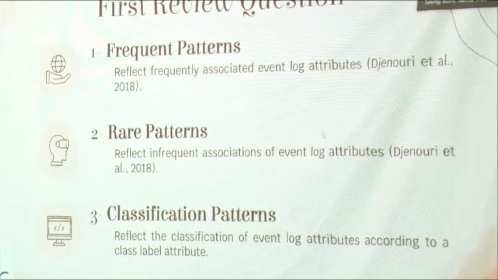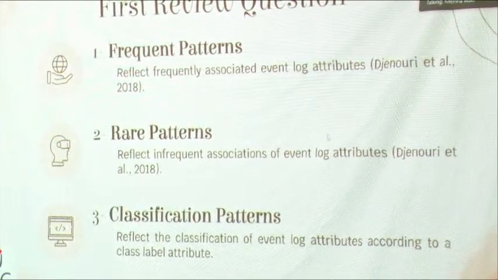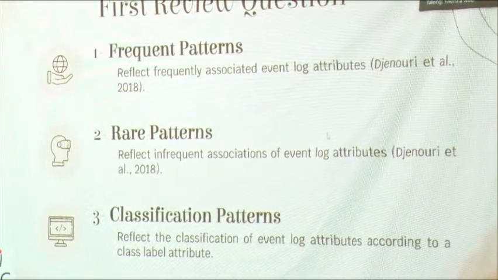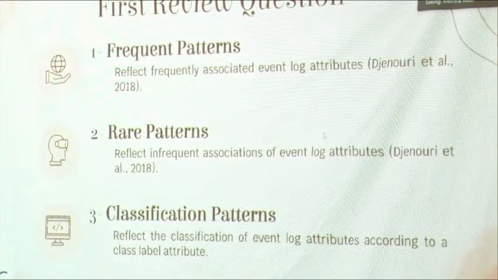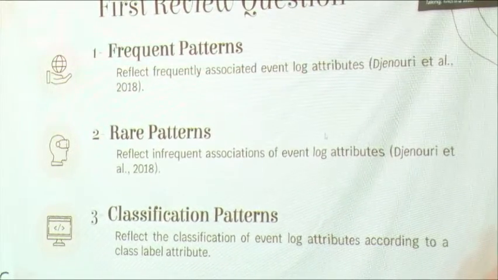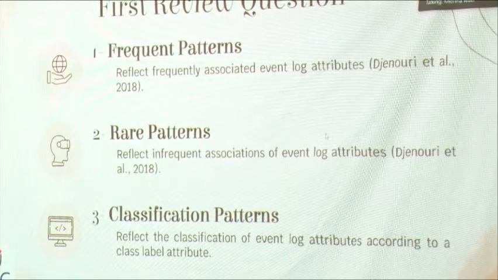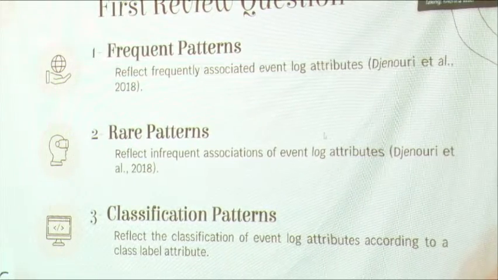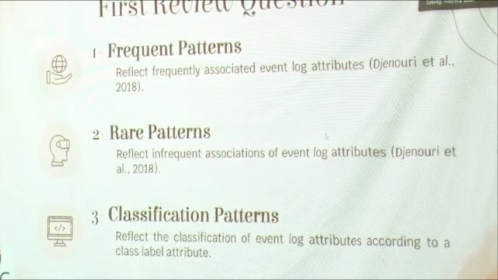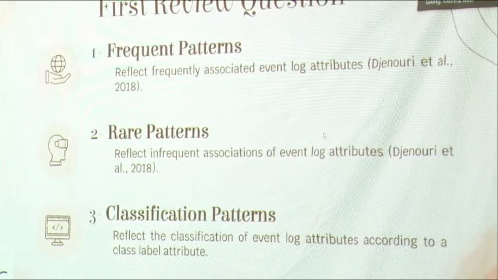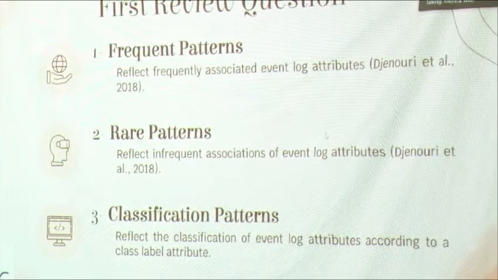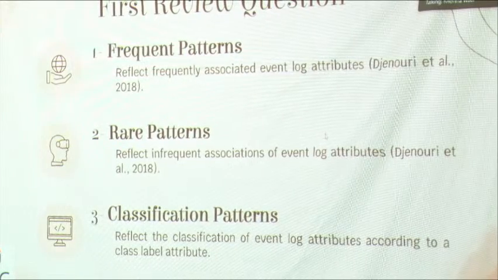Regarding the second, yes, I think Abdel Karim was more referring to the outcomes of it. Maybe you can help me discover business rules related to the frequent patterns that happen in the event log attributes, or find rare patterns, which are infrequent associations in the event log attributes, which actually could help me understand the rare frequencies that happen if any kind of violations are happening inside the process execution, and so on.